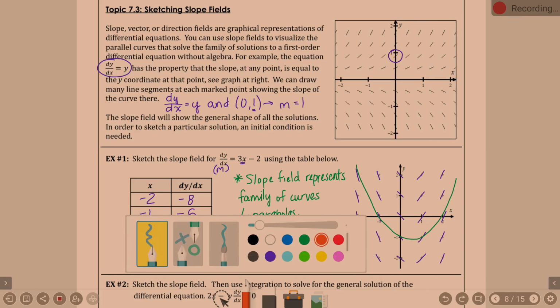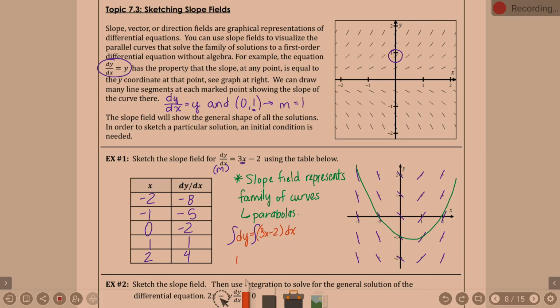We talked about this recently. When you integrate dy, it becomes y. If you integrate 3x, add to the power and divide by the new power, so I'd say 3/2 x squared minus 2x, and don't forget a plus c. Not that it said to do that there, but there's your proof that it truly is a parabola.